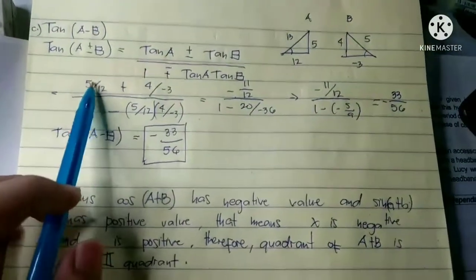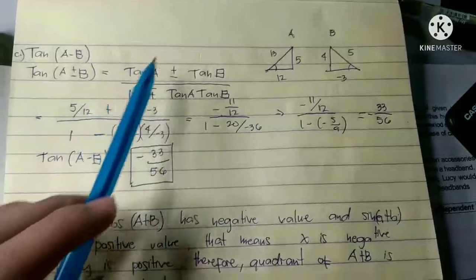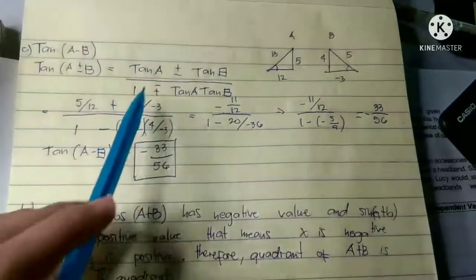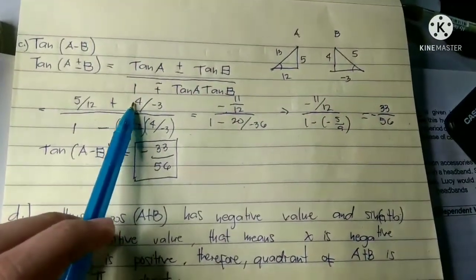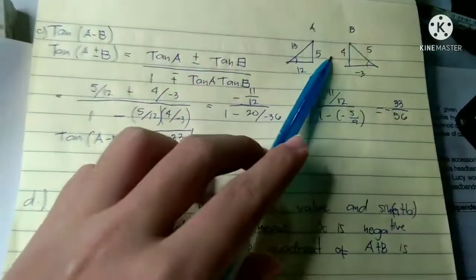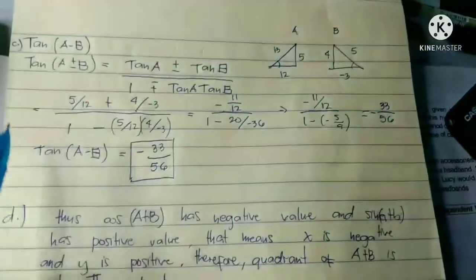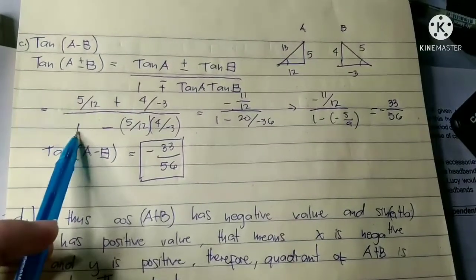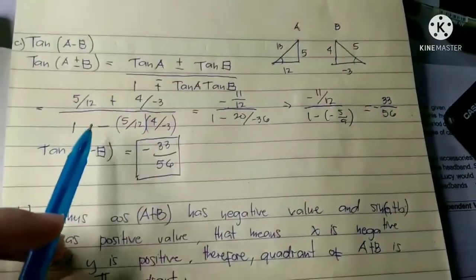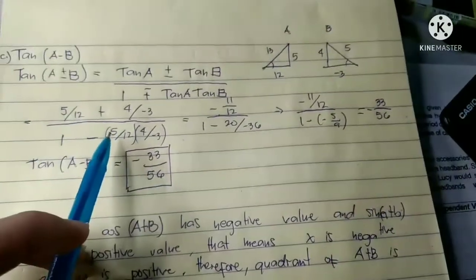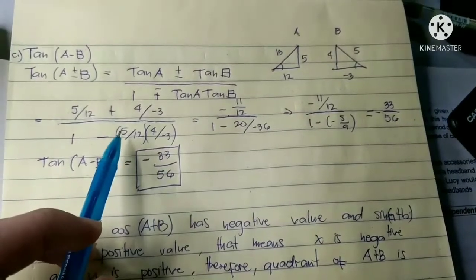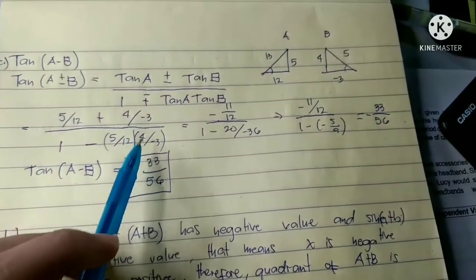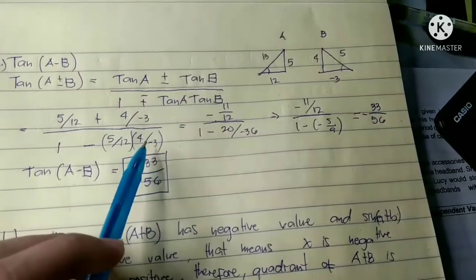So our tangent a is opposite over adjacent, so our opposite is 5 and our adjacent is 12, and tangent b is 4 here as the opposite, and our adjacent is -3. So over 1 plus our tangent a is 5 over 12 and our tangent b is 4 over negative 3.